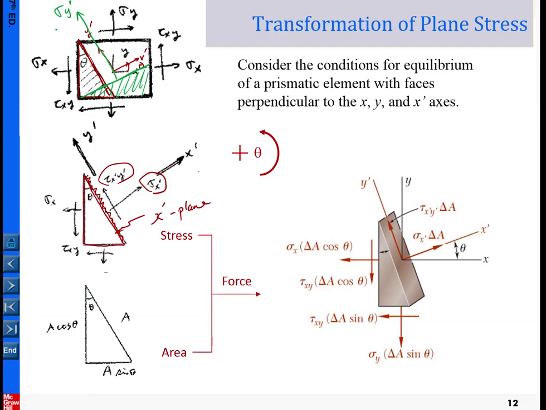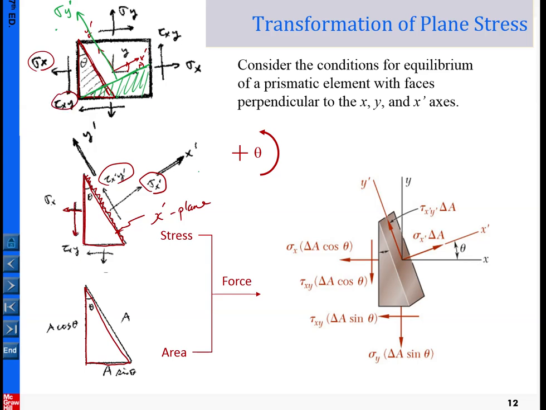So in this element here, let's do the calculation carefully. For this triangular element, we have the distribution of the stress. On this side we have the stress picking up from here. This is our original x plane, so we have the normal stress sigma x from here, and the shear stress from here.